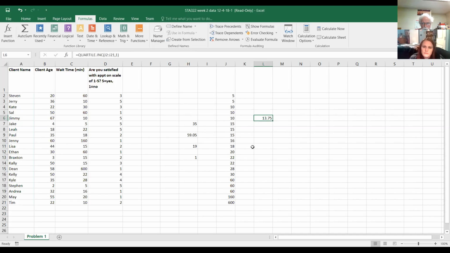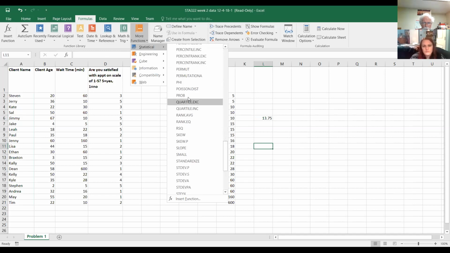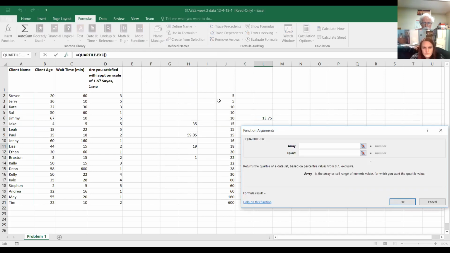So let's go to the second quartile, which we know is right here. Do the same thing. And I'm going to try this as well and see if we get the similar answer that I wanted. And that's a 2.